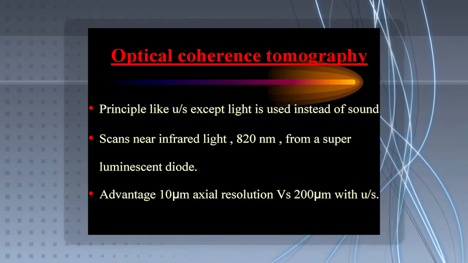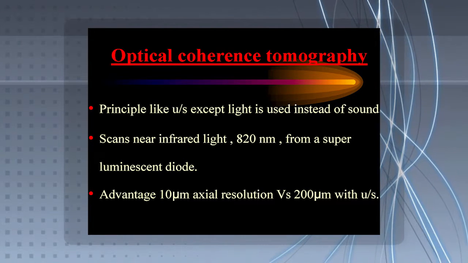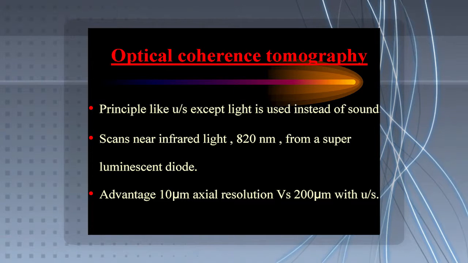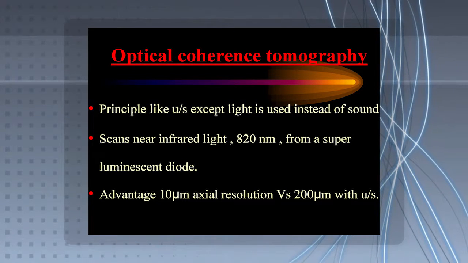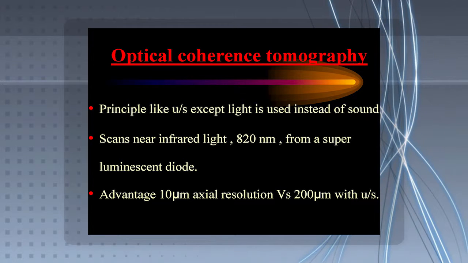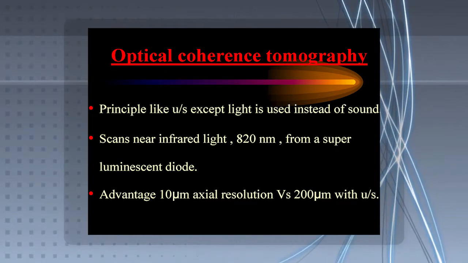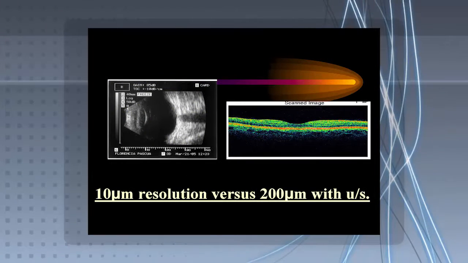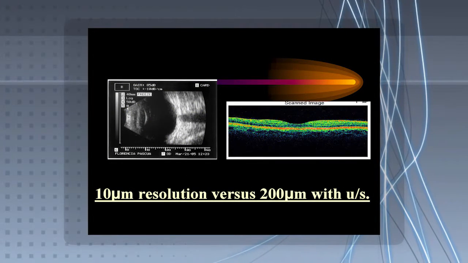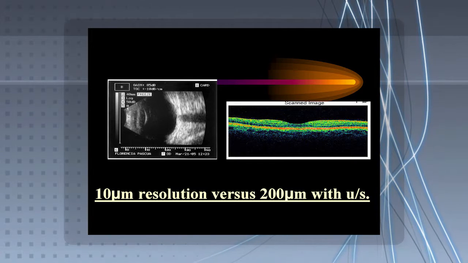Now with the use of the spectral domain OCT, the Cirrus OCT, we can go up to 2 to 3 microns resolution. So you imagine how much you can go, even up to cell level, in our management and our interpretation of the images of the OCT.